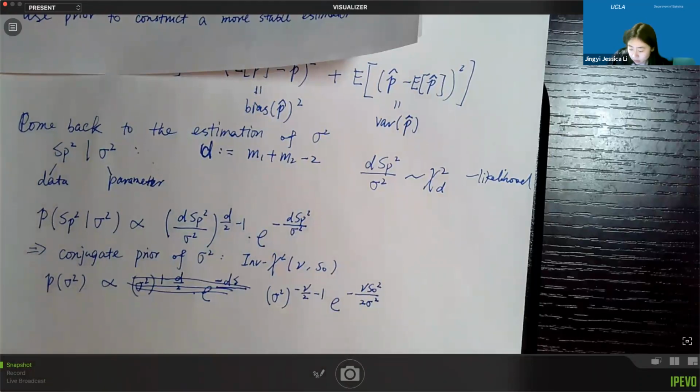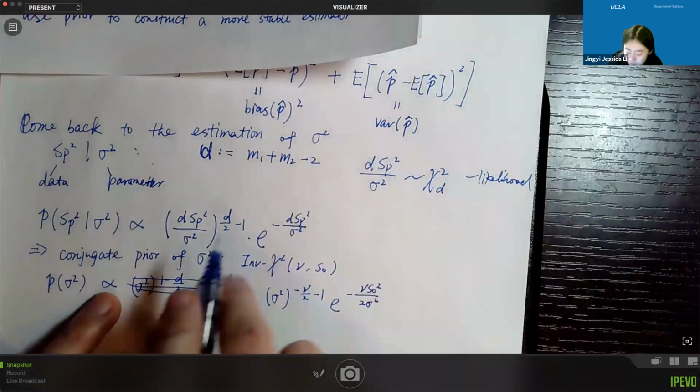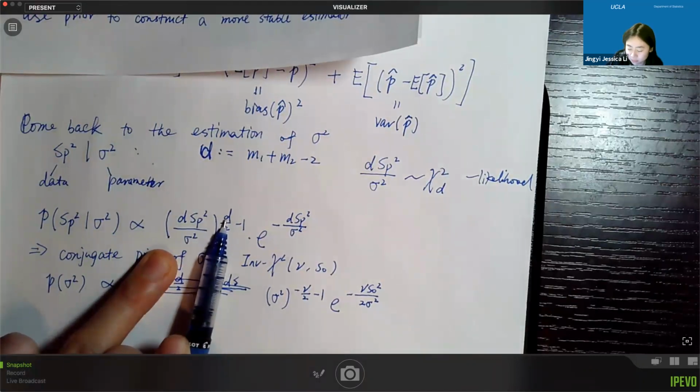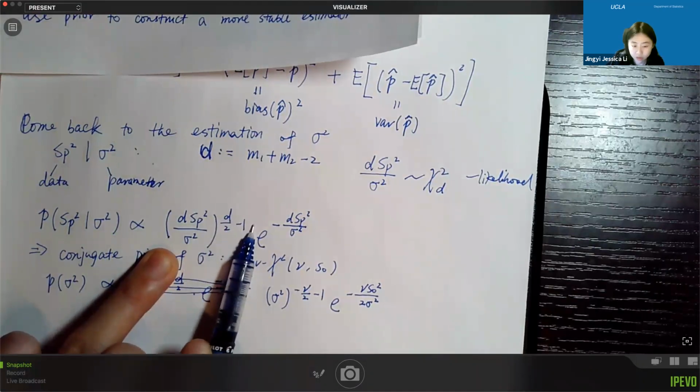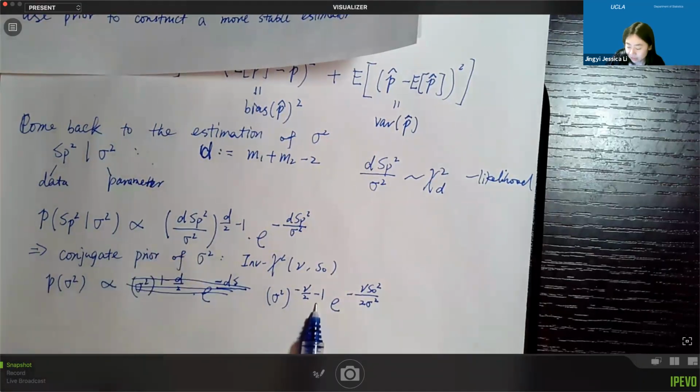Okay. So you see that here I have the same form, sigma squared to some power, just like here, right? Because here you see, if I just keep the term of sigma squared, it will be sigma squared to the power negative d over 2 plus 1. So that term can be combined with this term when I multiply them. And the second terms are exponential, and sigma squared is in the denominator here, so I can combine them.